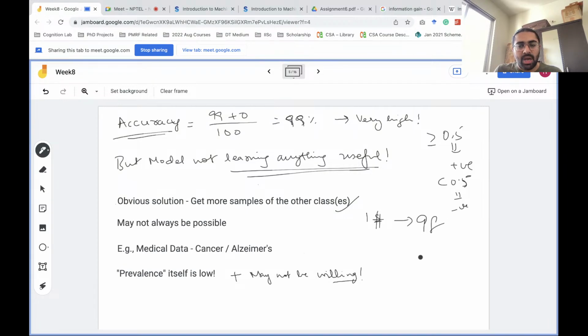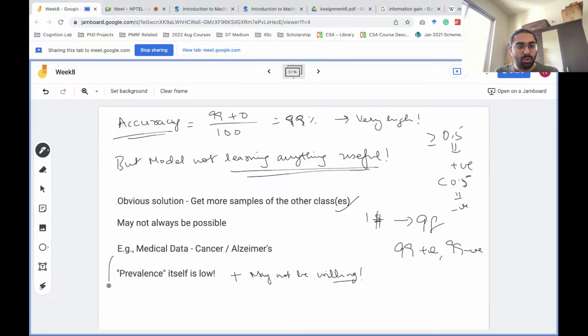So I will have 99 of positive and 99 of negative. Now I don't have this class imbalance problem. It's possible, but this may not always be possible. For example, in medical data, when you're trying to predict whether a particular person has cancer or Alzheimer's or stuff like that, the number of people who have cancer and Alzheimer's itself is very low.